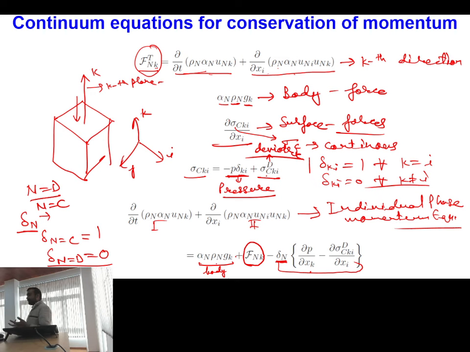But in case of multi-phase flow, what is happening? Say, if I talk about dispersed phase. Dispersed phase is present in the bulk of the continuous phase. So whenever continuous phase is moving, it will try to exert certain forces on the dispersed phase. Why? Because first, dispersed phase may have its own velocity.